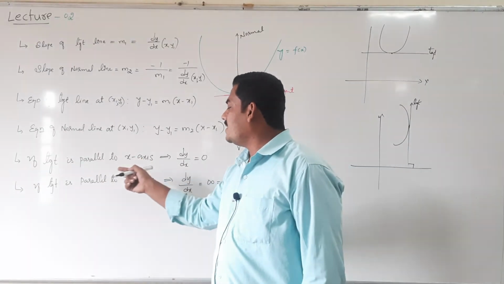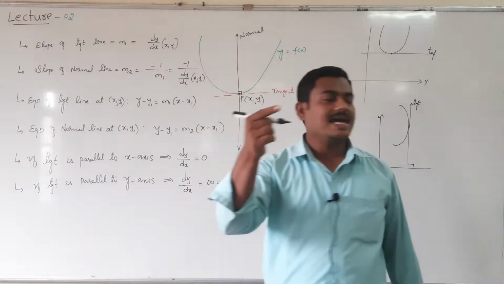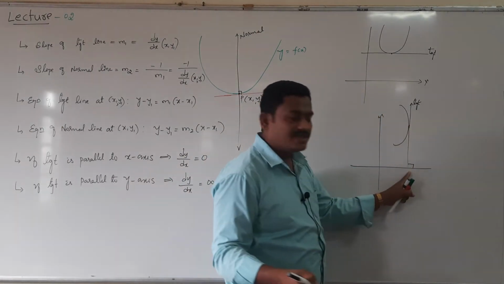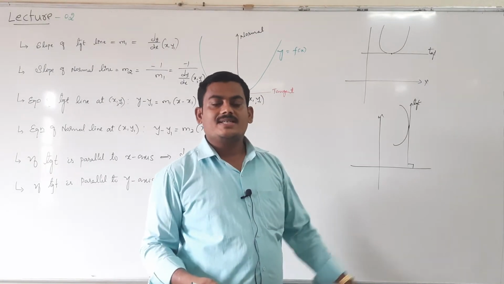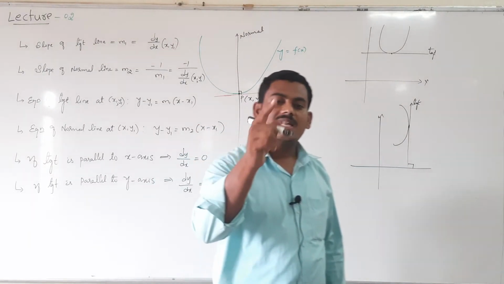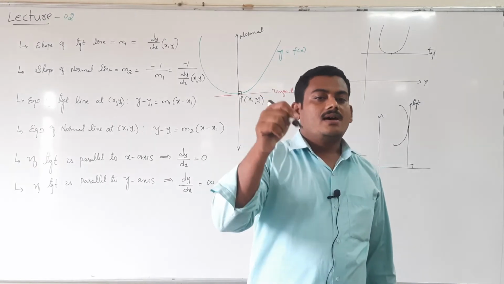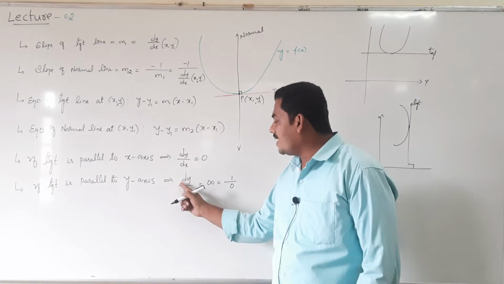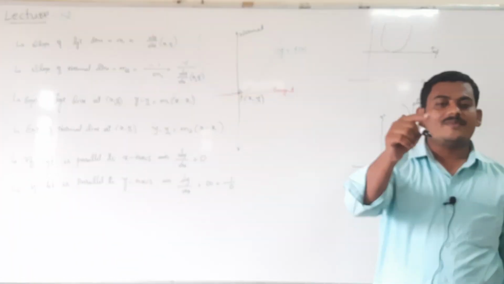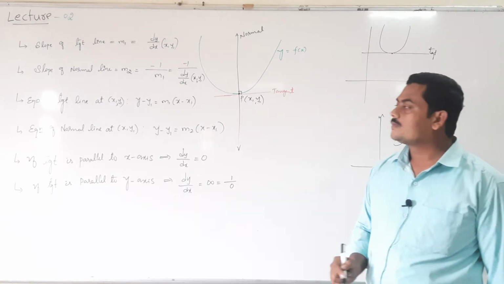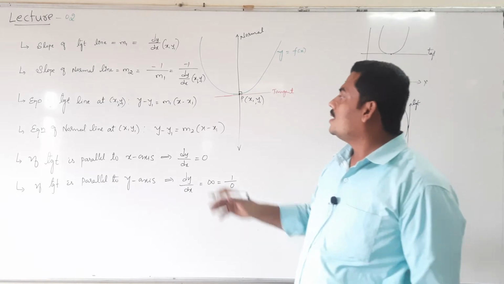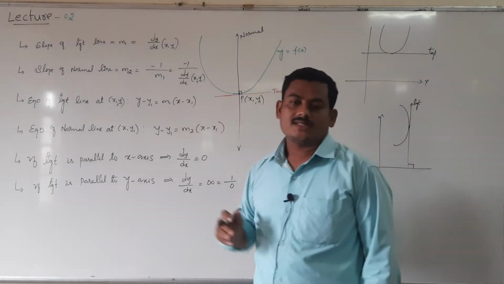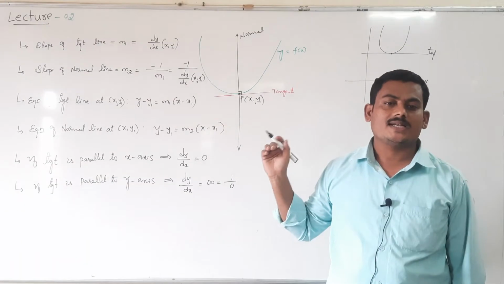If the tangent is parallel to the y-axis, it is perpendicular to the x-axis, meaning a vertical line, so the slope is not defined. Slope not defined means dy by dx is not defined, which means infinity. Remember these points throughout this chapter, right?